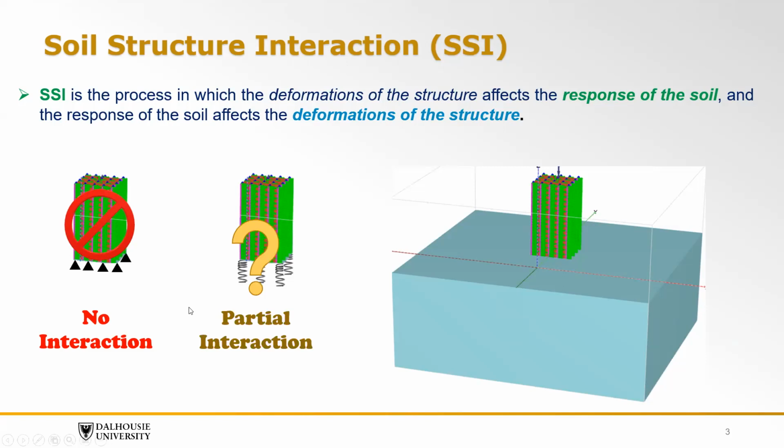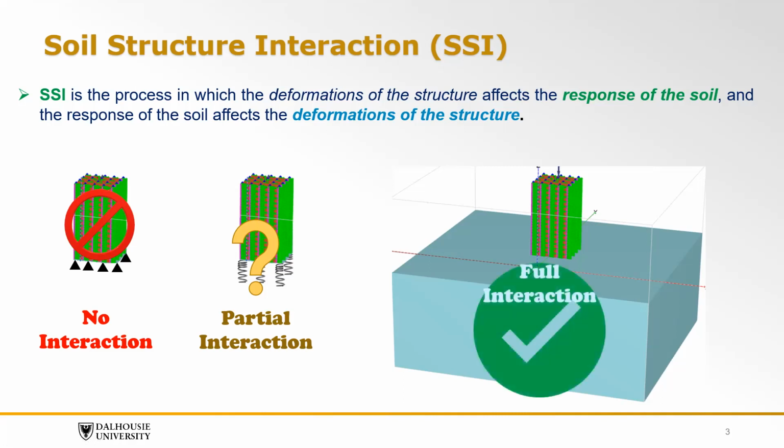So we can say that it's 10%, 20% along the way. Then if we consider the entire thing, the full soil structure interaction, this is the right thing to do. And this is going to give you the real prediction of the performance of your structure. So here you're going to consider the full interaction.